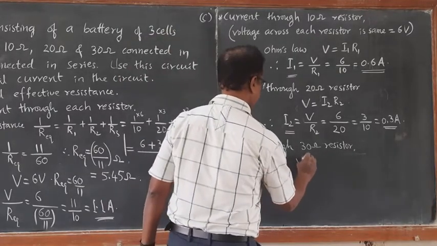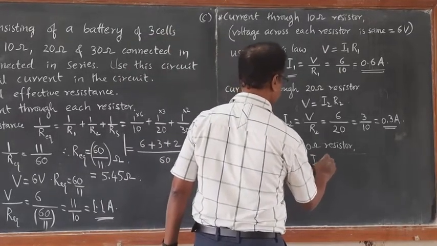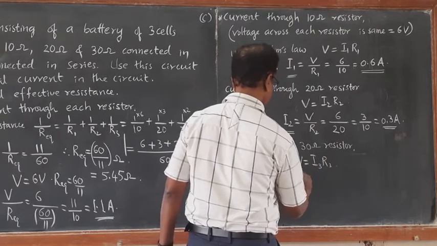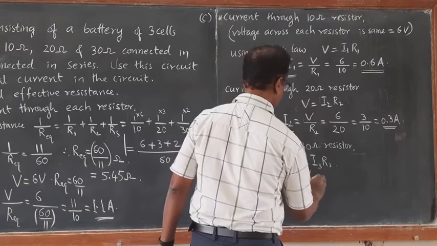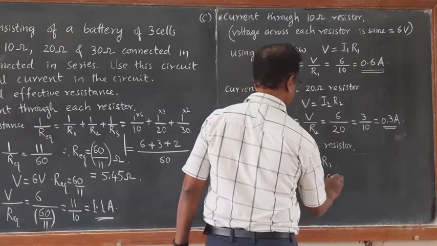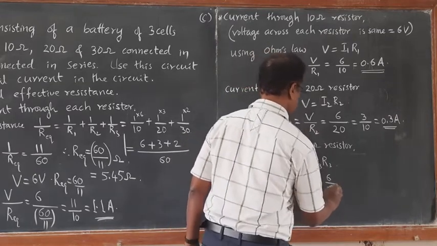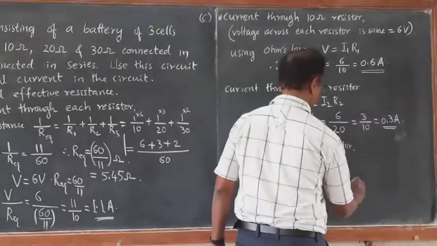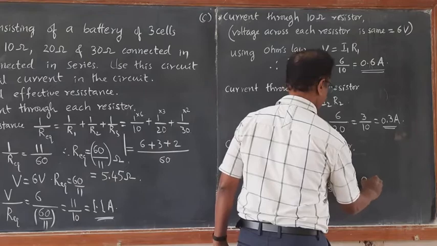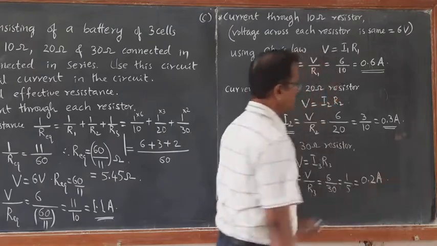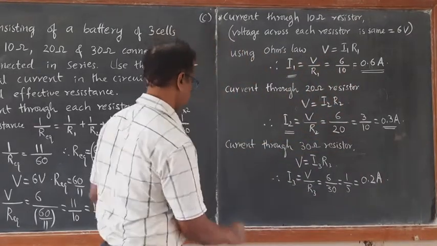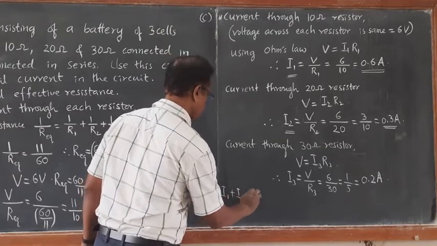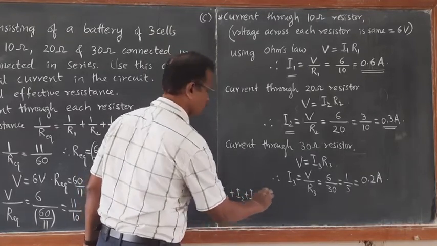V equal to again I3 R3. Therefore, I3 equal to V by R3. 6 divided by R3, which is 30. 6 ones are 6, 6 5s are 30. So 1 by 5, and 1 by 5 is 0.2 ampere. Now if you add I1 plus I2 plus I3, you should get the total current.